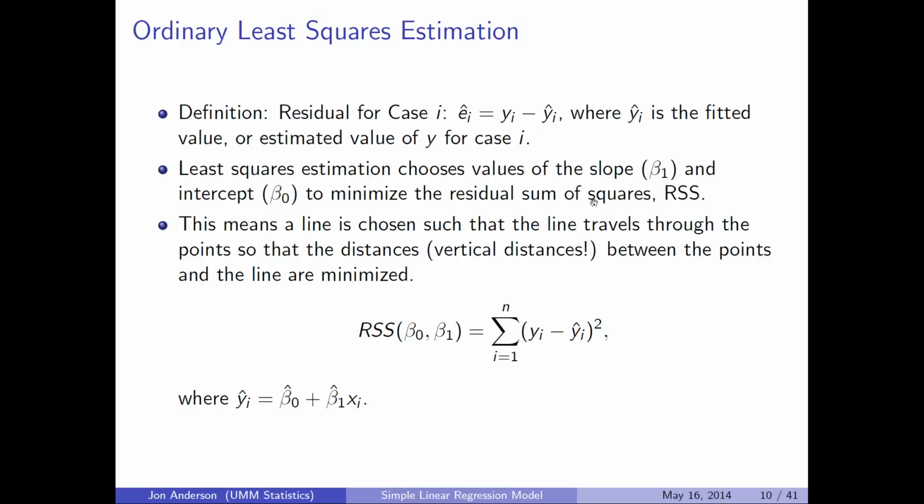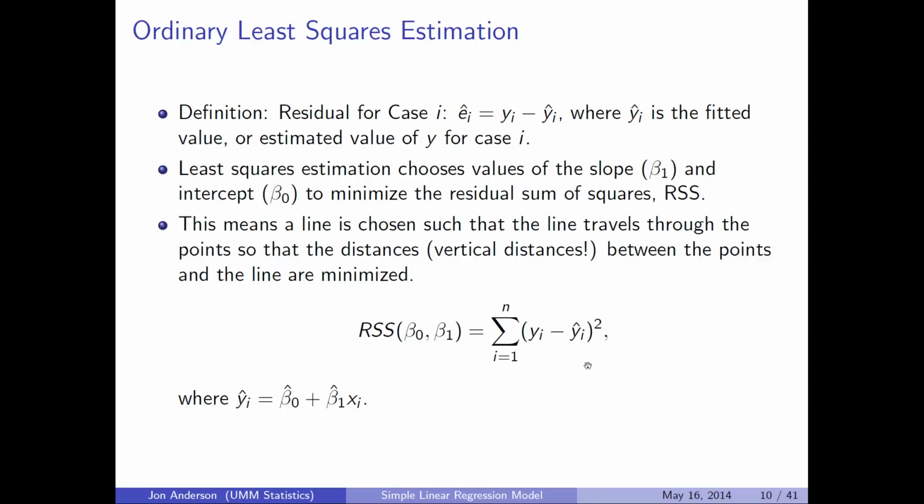And what we do is to try to estimate the slope and the intercept that will put a straight line through the points the best it can to minimize the sum of the squared residuals. And so right down here in this third bullet we can see that we have summation, and inside the parentheses is a residual for the ith data value, and then we square it.